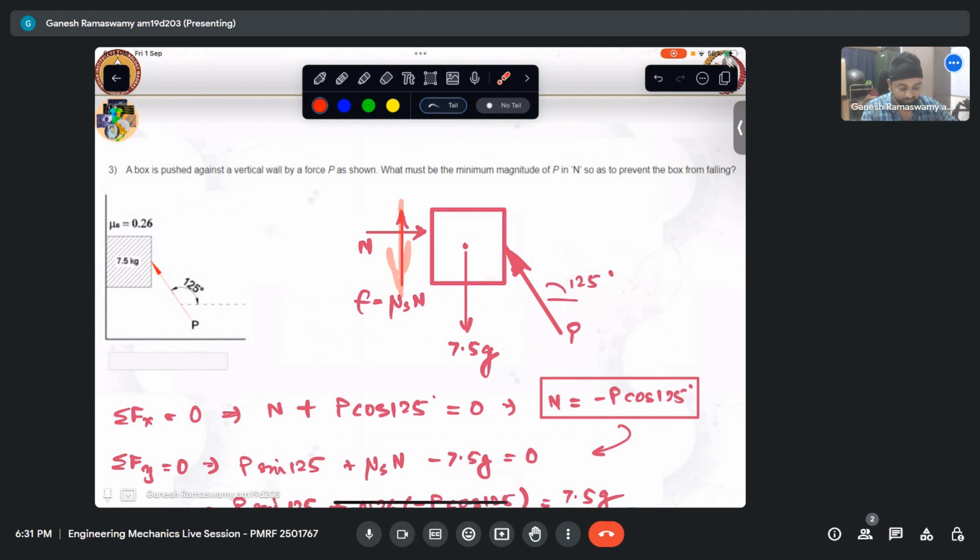So if I go on increasing P, eventually I'll reach a case where friction and weight are actually keeping the box from moving this way, moving up the wall. So that could be another problem that can be coined.